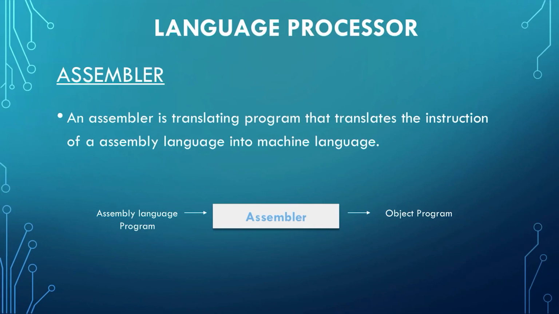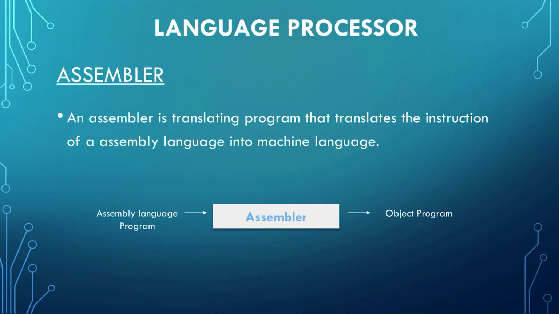The next language processor is an assembler. Yes, if you remember, we have discussed assembly language, the one with the symbols and mnemonics. Yes, the assembler is used for assembly language. An assembler is a translating program that translates the instructions of assembly language into machine language. If you remember, assembly language was the language one step higher than machine language.